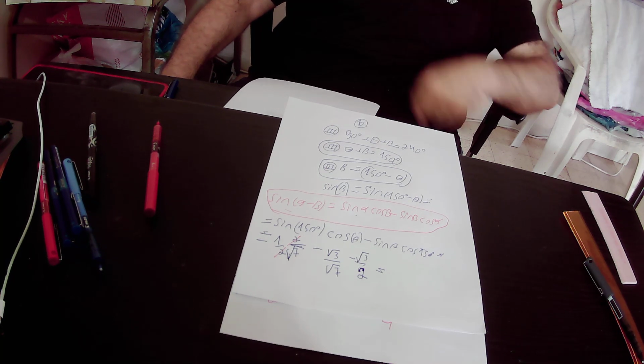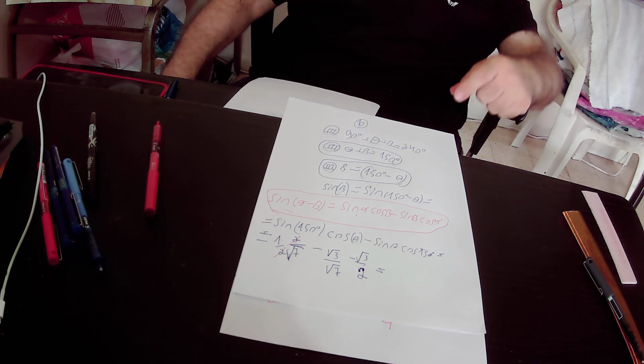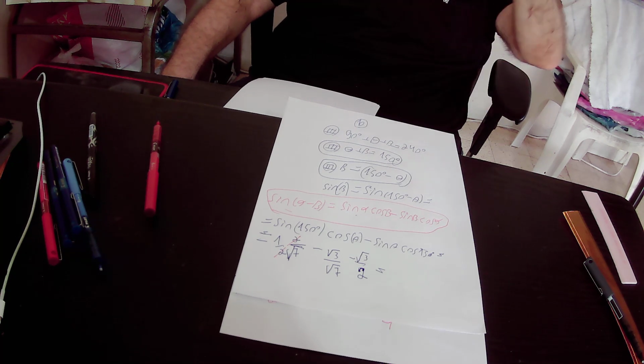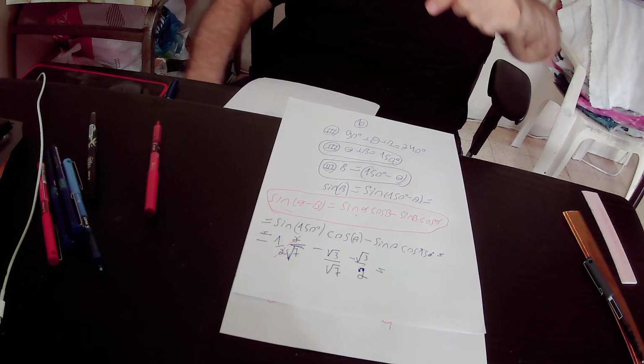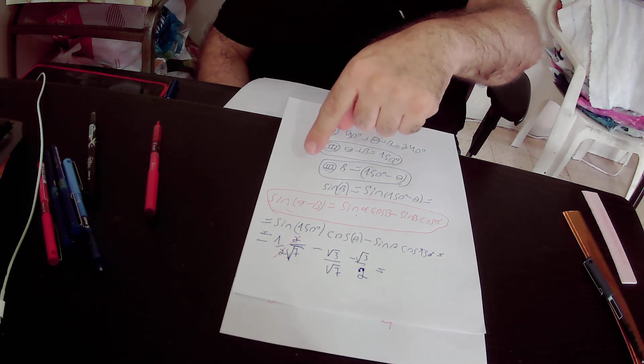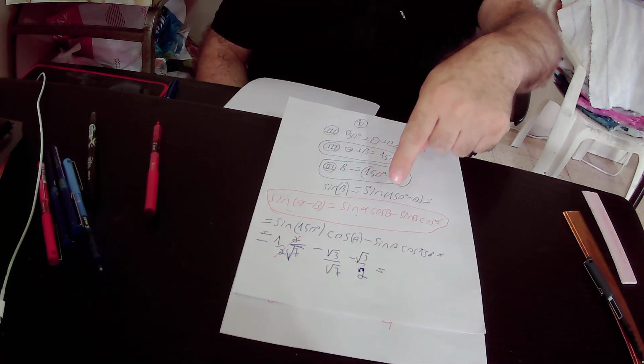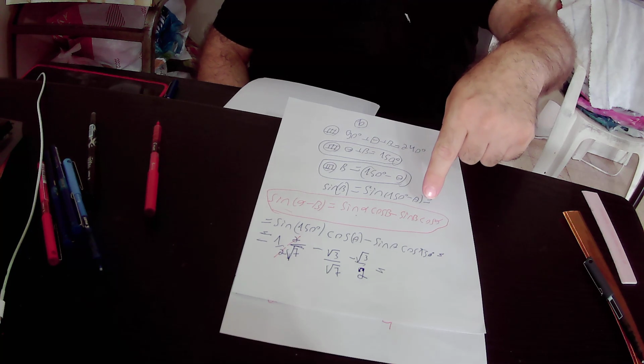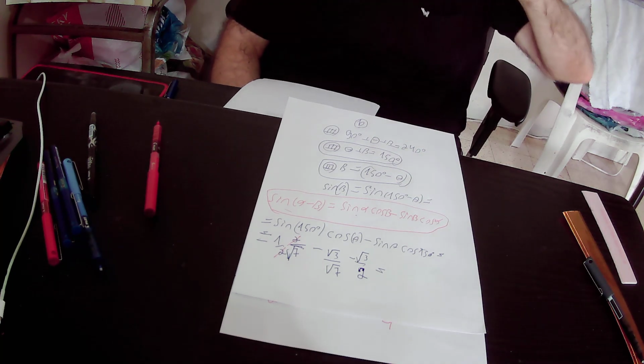And then we found out the value of sine of 150 degrees minus theta by using the second trigonometric identity that states that sine of alpha minus beta equals sine alpha times cosine beta minus sine beta times cosine alpha.